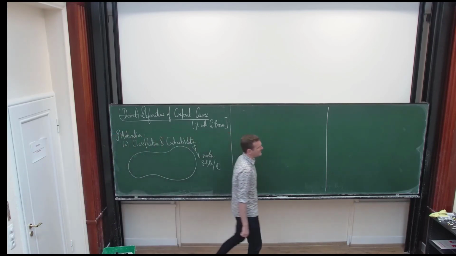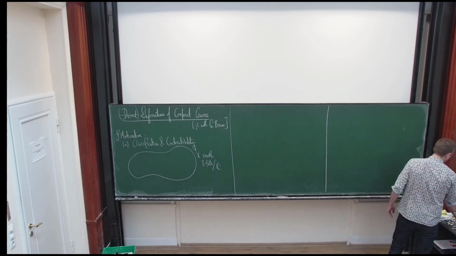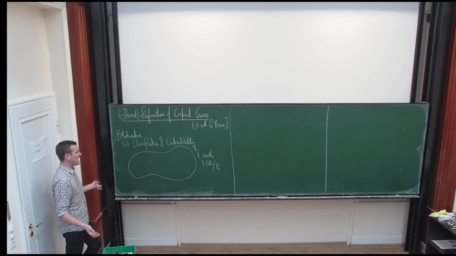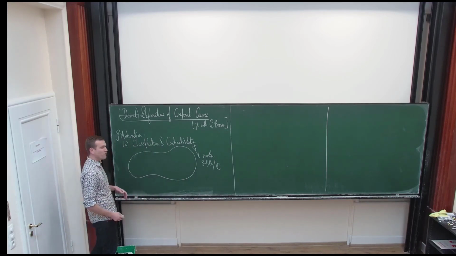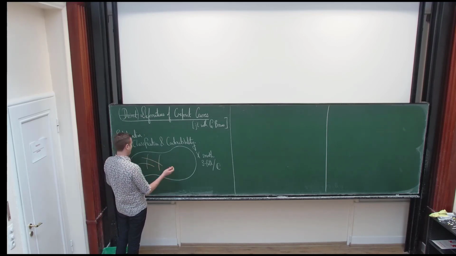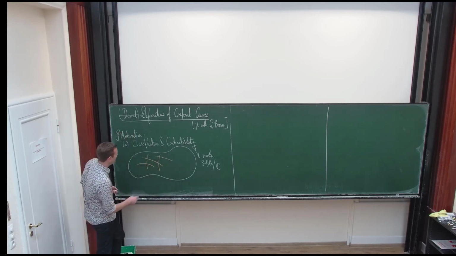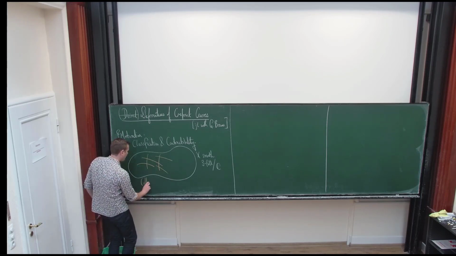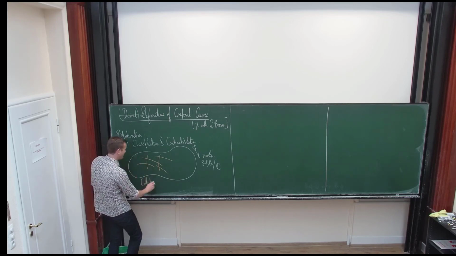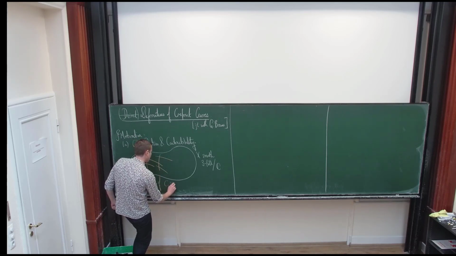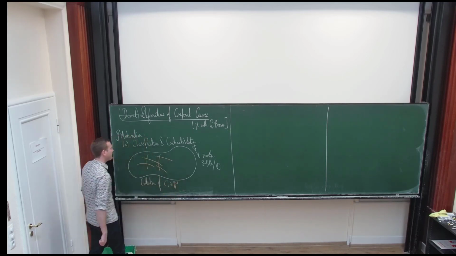Inside this threefold variety, I'm going to assume I have a bunch of rational curves, a bouquet of rational curves. Each of these C_i is isomorphic to P^1.